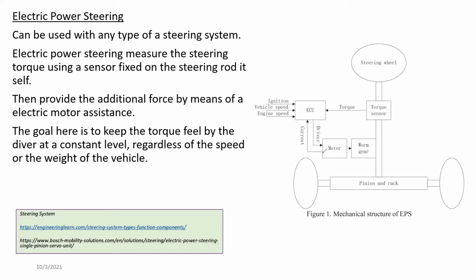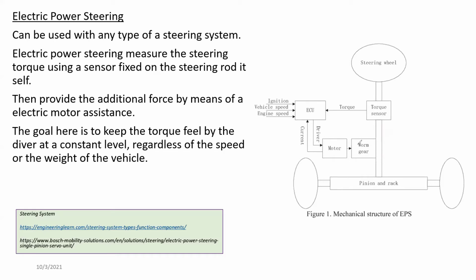Then that electronic control module does a small calculation, not actually a calculation, it also has some data included in this ECU. Based on that, it decides how much force has to be given as the assist. That force is given to you through this worm gear.